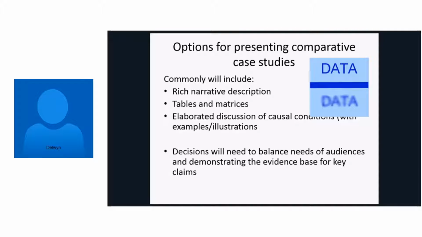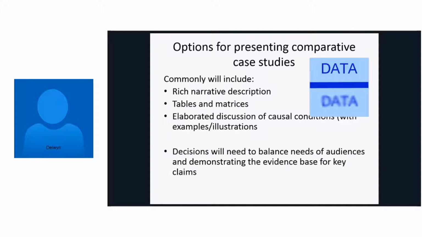I will, however, often use tables or matrices, summary tables of change over time across cases or factors that I believe from the evidence contributed to particular changes. And I'll use triangulation of evidence from interviews and other evidence to help me to make those claims and to make sure they're robust.